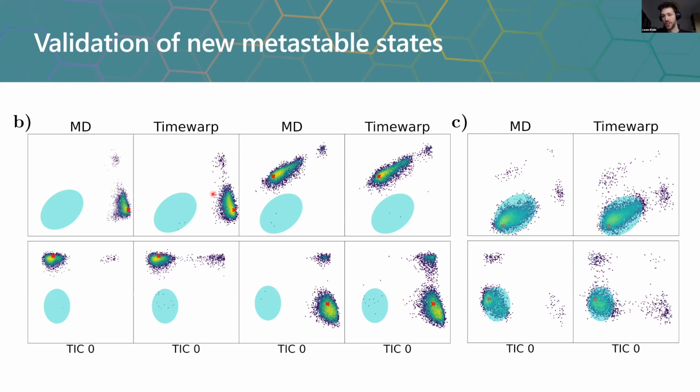This we don't know, but we have to terminate the trajectory at some point, especially as we are doing this for so many different peptides. And here, a great application of the Timewarp model would be to validate if such trajectories, they don't have to be MD, could also be Timewarp MCMC, actually found all metastable states or not.